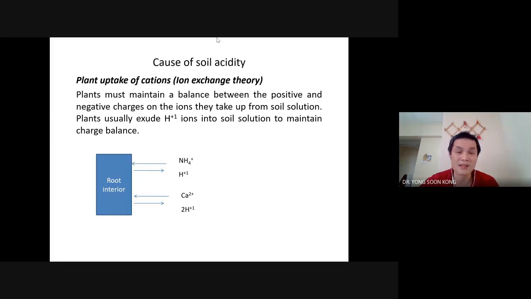Okay, now moving on to the last cause of soil acidity, you probably won't think of this, but it's natural. It's due to plant uptake. Now, earlier I told you the presence of calcium causes soil to become alkaline. Without this cation, the soil becomes acidic. And this is precisely what the forests do.